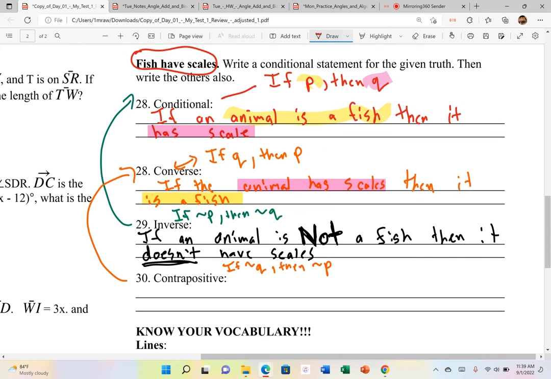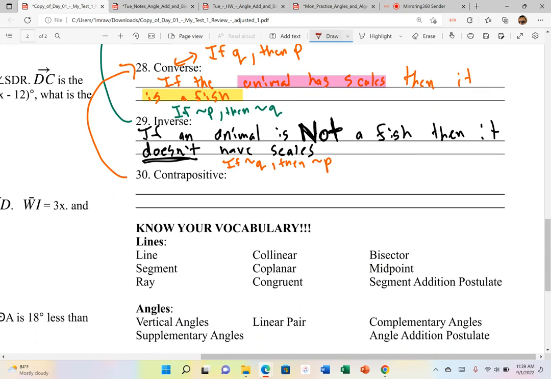Okay, so if the animal doesn't have scales, then it's not a fish.